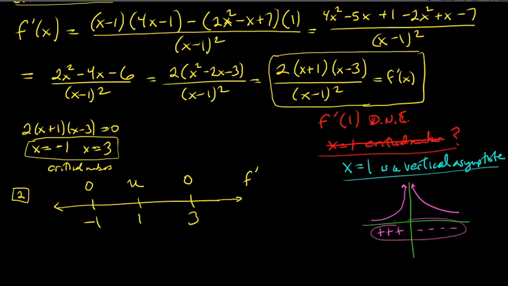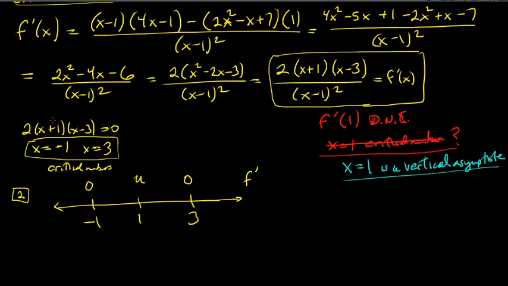But the sign of the derivative could still change there. So that's why we have to consider x equals 1 when looking at where the sign changes. Let me replace the u here for undefined. Okay, so now you do the usual thing.